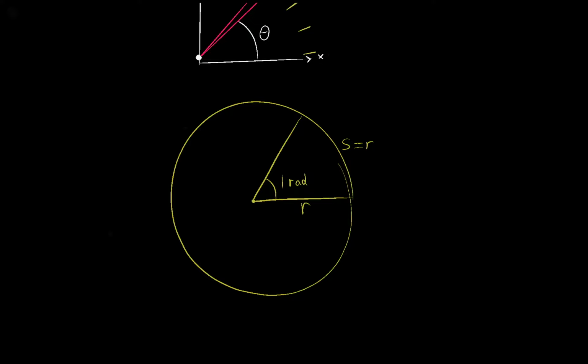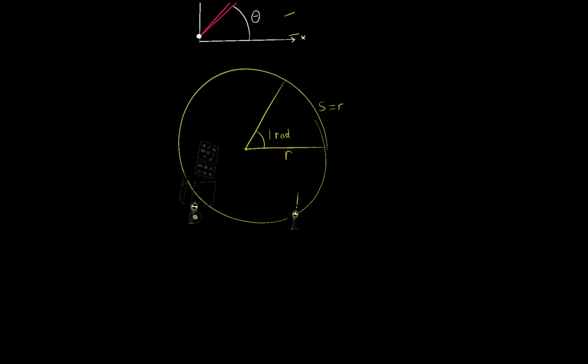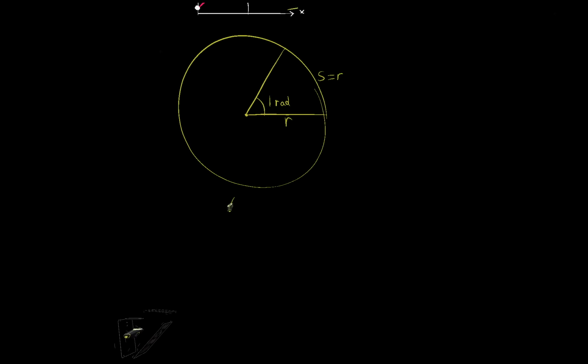So S is the arc length, right? And so therefore we have the expression that theta is equal to S over R. Or, a sometimes more useful version of writing it is S is equal to R theta.